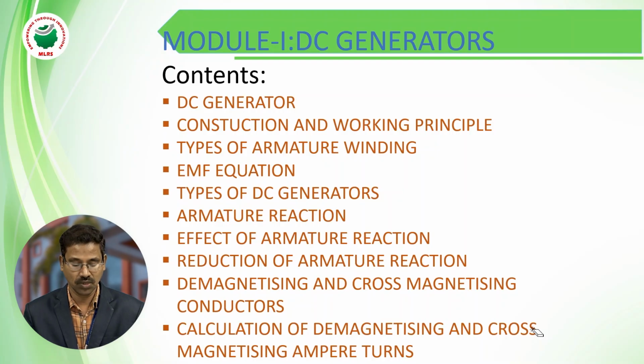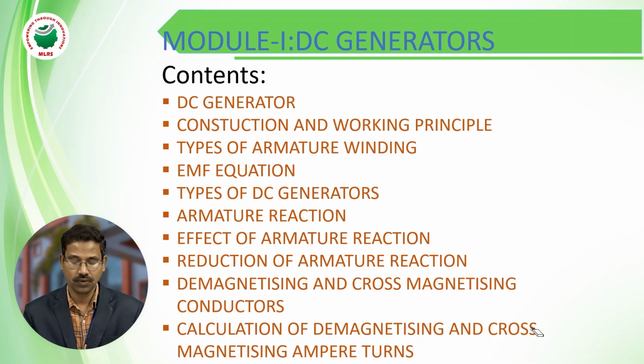Next are the EMF equation and various types of DC generators, armature reaction, the effect of armature reaction, and the reduction of armature reaction, demagnetizing and cross magnetizing conductors, and calculation of demagnetizing and cross magnetizing ampere turns.